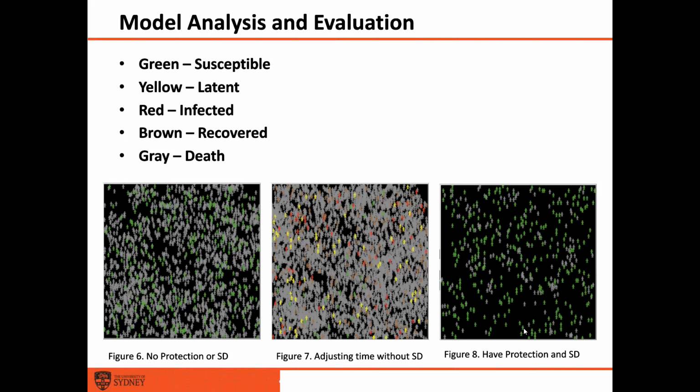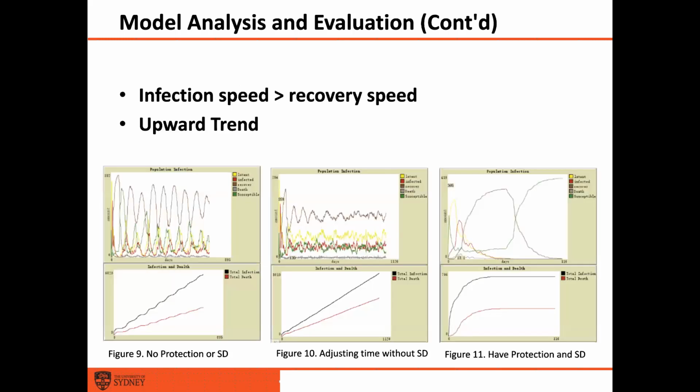Without protection and social distance, the number of deaths and infections can rise and fall over a period. And in these 3 graphs below, when we control social distance and protection, the number of deaths increases to a certain point and stays the same.